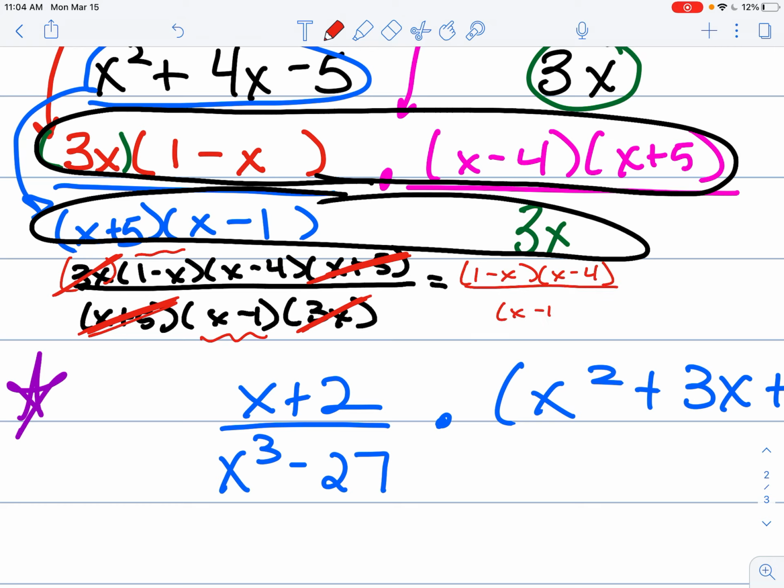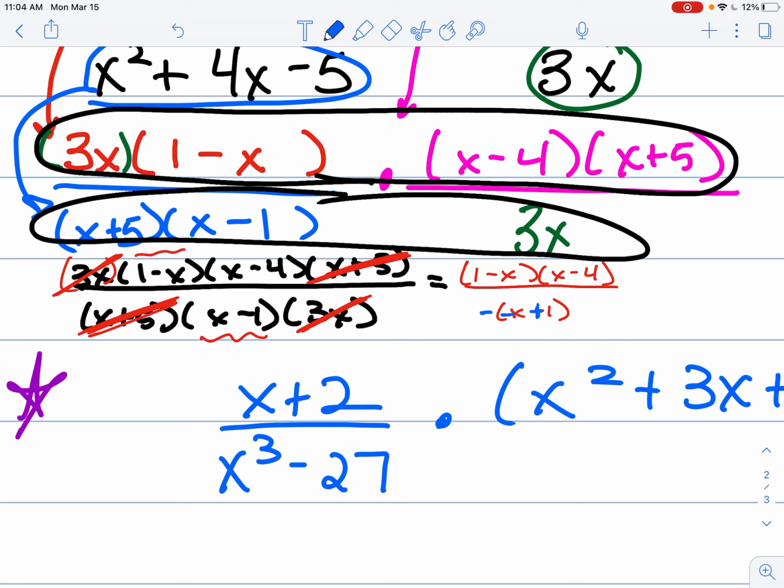What happens with this is, if I multiply, let's just say the bottom, if I were to multiply this by a negative 1, if I were to pull out a negative, this would make this into a negative x plus 1. So I'm not changing the value.